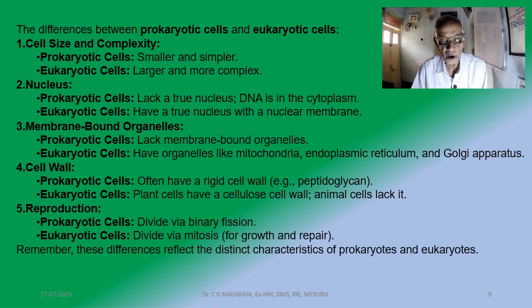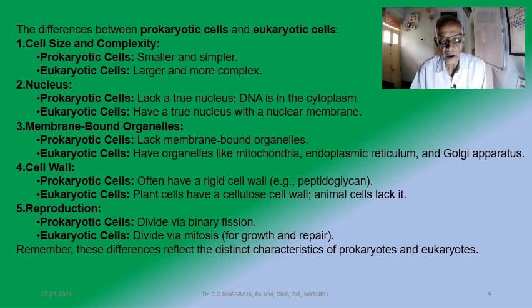Prokaryote refers to the cell which does not have an organized nucleus, a primitive nucleus. Eukaryote means real nucleus. If you understand this particular idea, then it will be easy for you to answer this question.